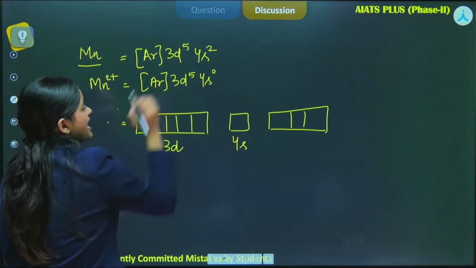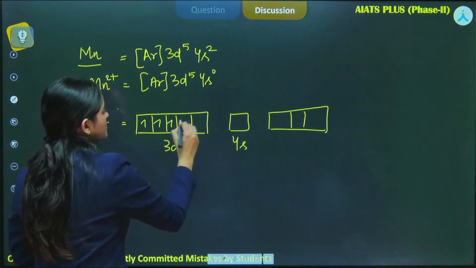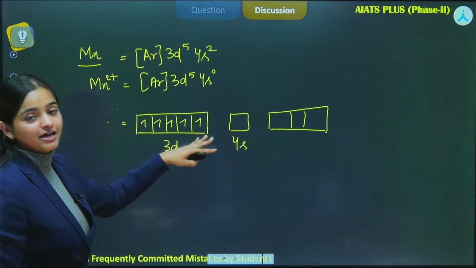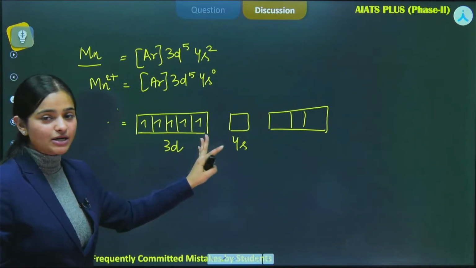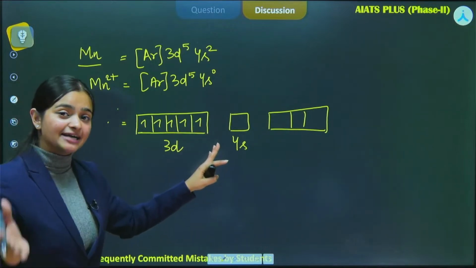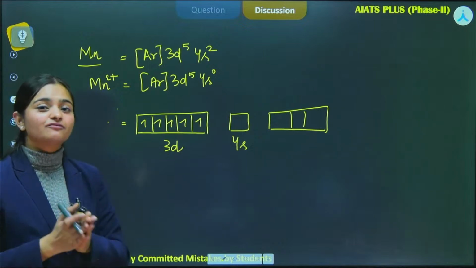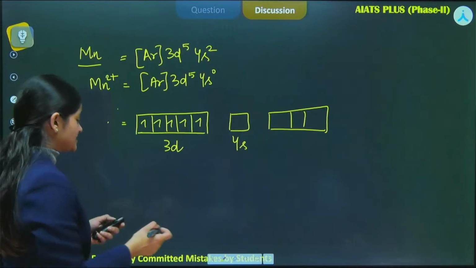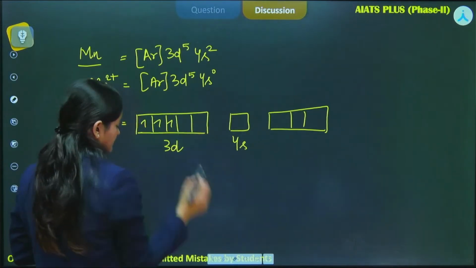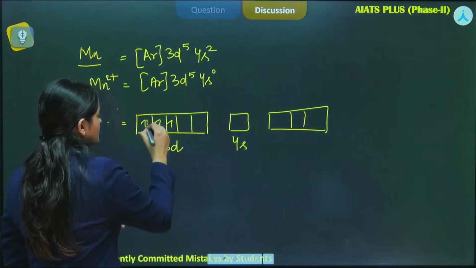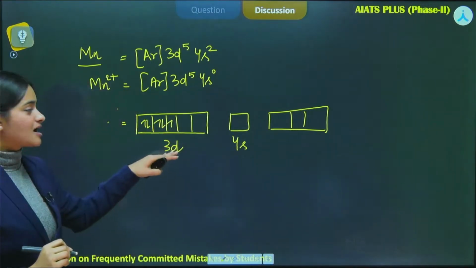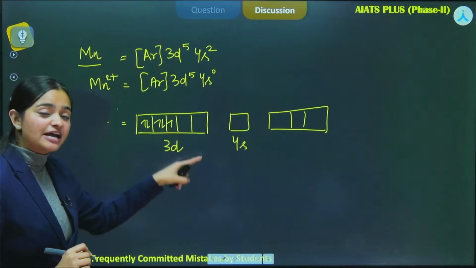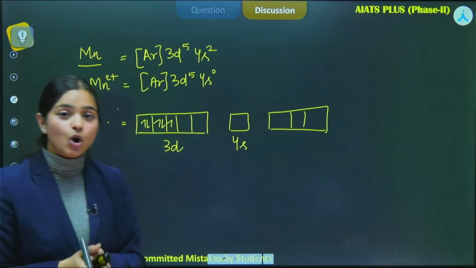Since it had 3d5, ideally according to the rules of electronic configuration, the filling should have been like this: all d orbitals should have had 1 electron each, right? But since we have a strong field ligand, the filling of electrons will become as follows: we will get 2 paired couples and a single unpaired electron. This is for d5 configuration in the presence of a strong field ligand.